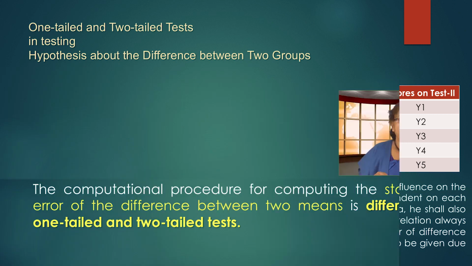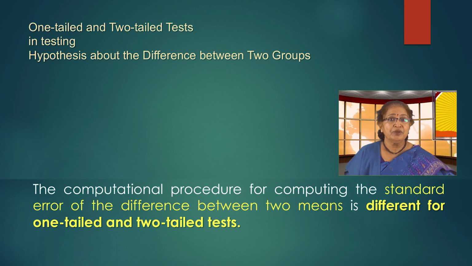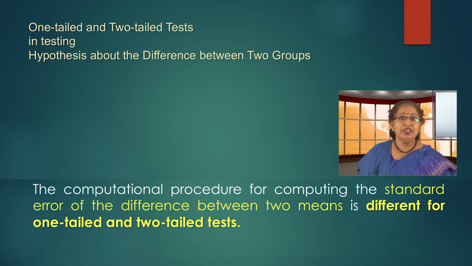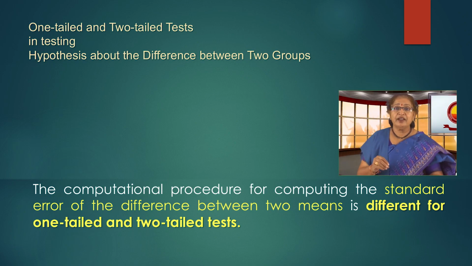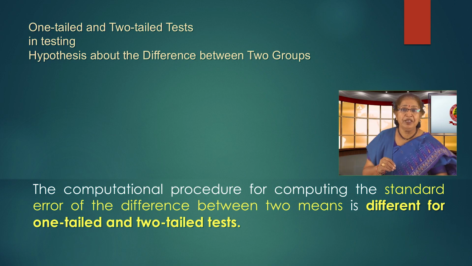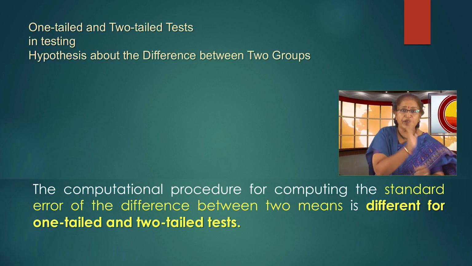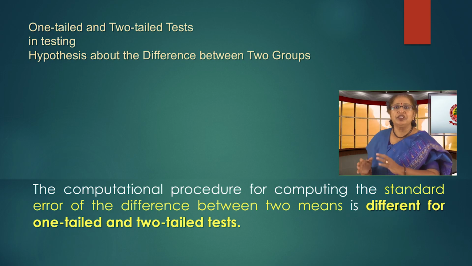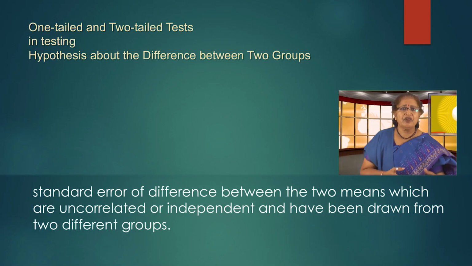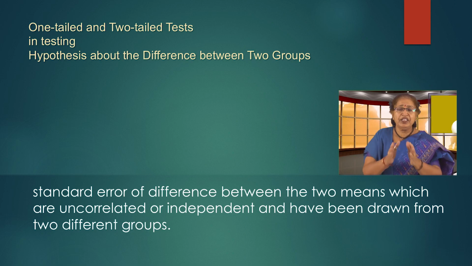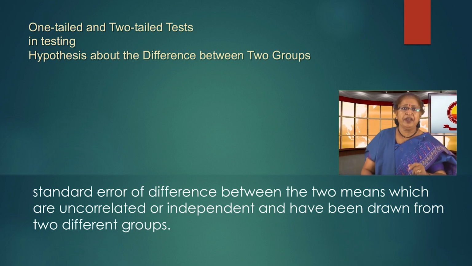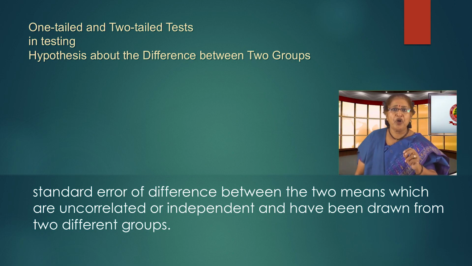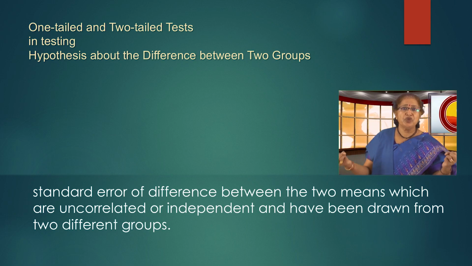In this way, the conceptualization procedure for computing the standard error of the difference between two means is different for correlated and uncorrelated groups. Let us start with the computation of the standard error of the difference between two means which are uncorrelated or independent and have been drawn from two different groups.